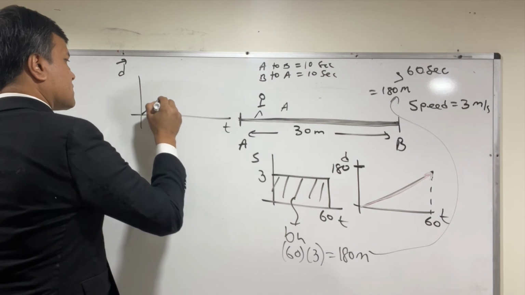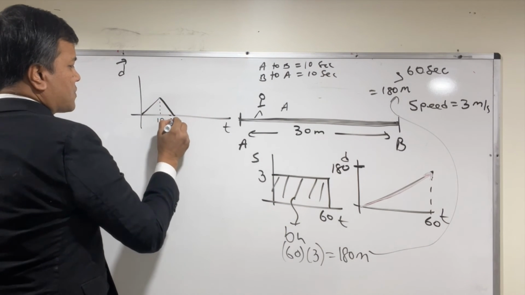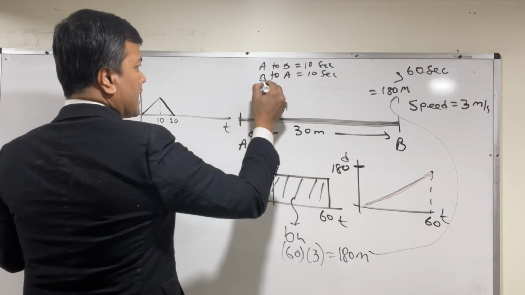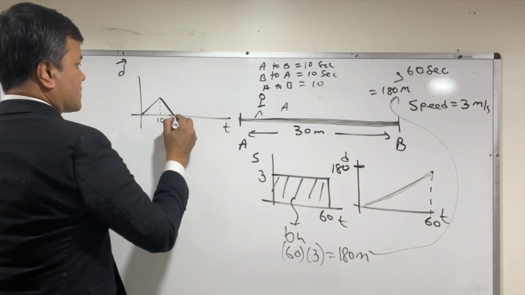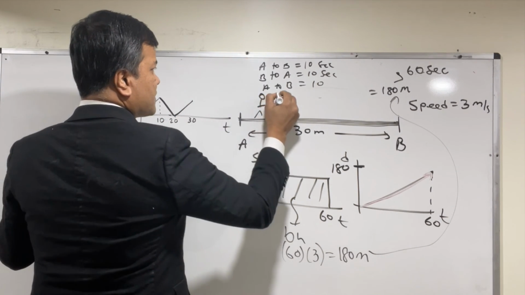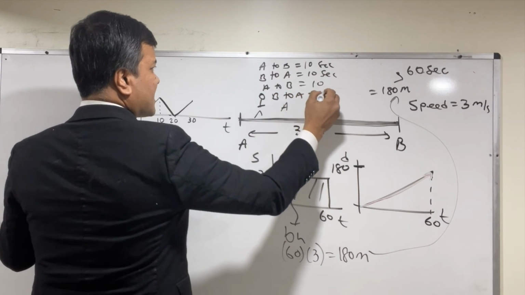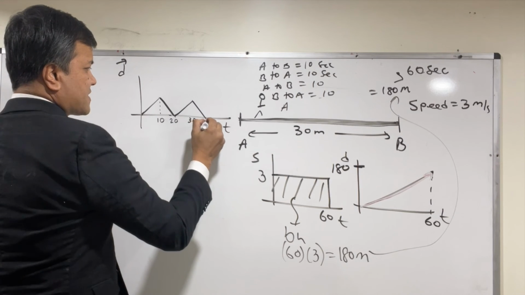This is 10, this is 20. Again A to B, another 10, so this is 30. B to A, 10, 40 seconds.